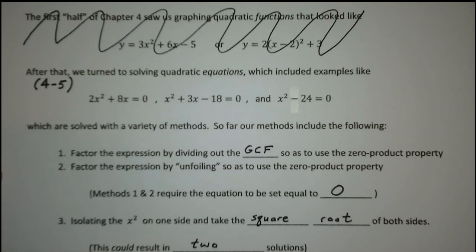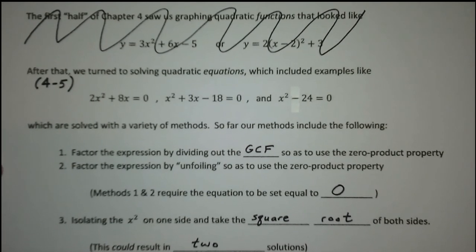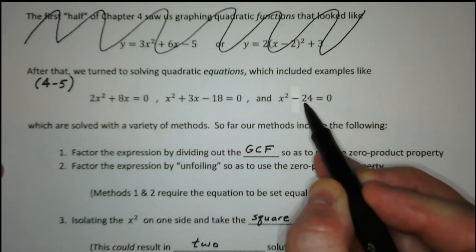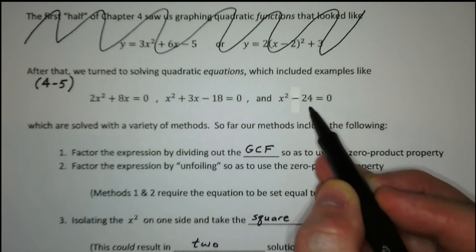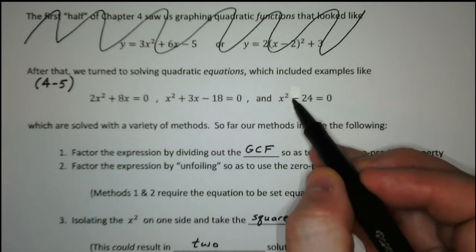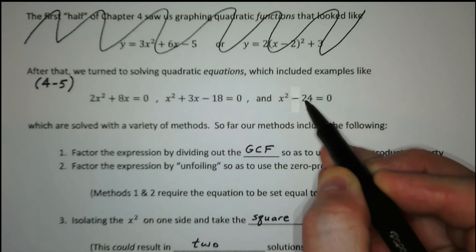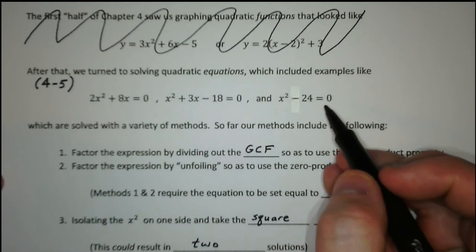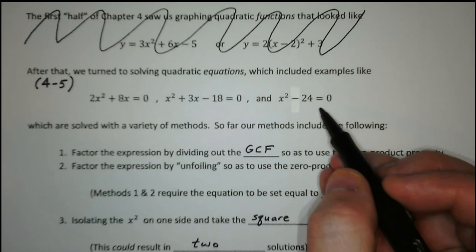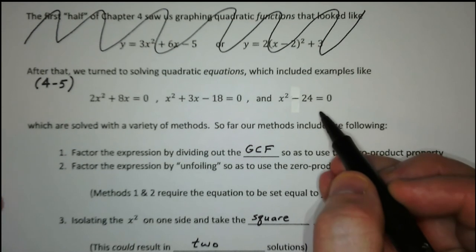Let's say x squared minus what? What could that 24 be where you could actually factor this? You can't factor x squared minus 24, but what could you factor? x squared minus 4, x squared minus 49, x squared minus 16.